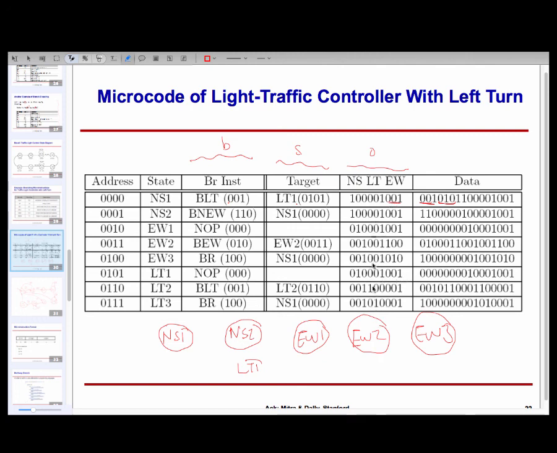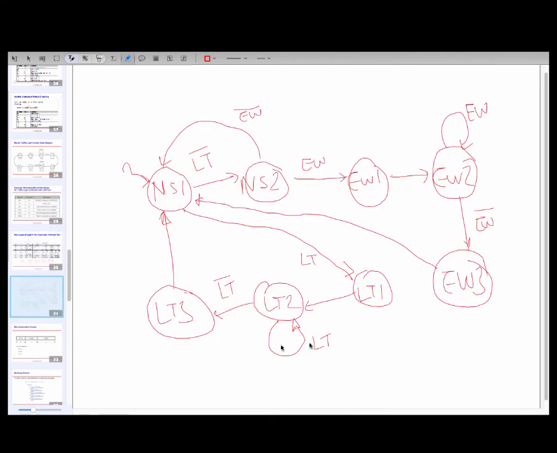So this column is giving me the outputs. Essentially in this state, I'm turning yellow and I'm coming out of it. Let's look at one thing out here. See the structure of NS1 and NS2 and how I'm first checking LT bar, then LT, and then checking east-west. In a normal state machine, I could have been sitting out here and just had an arrow saying if LT go here, if east-west go in a different direction.